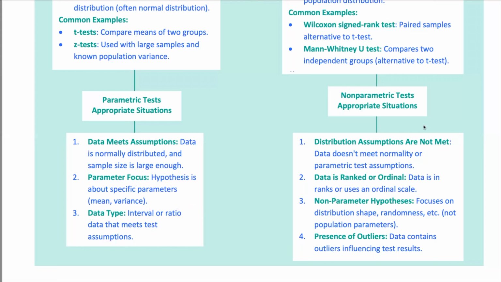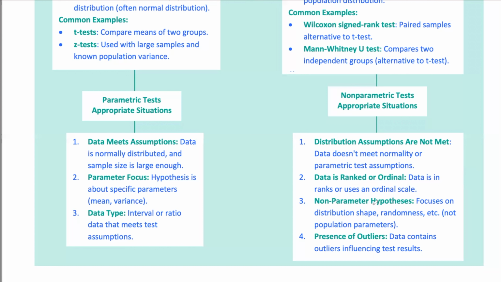Great. Now let's switch gears and talk about non-parametric tests. These tests shine in situations where parametric tests might fail or provide unreliable results. Use non-parametric tests if the data does not meet the normality assumption or other parametric test assumptions. When the data is in ranks or uses an ordinal scale, non-parametric tests are appropriate.